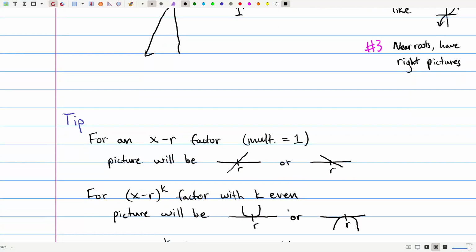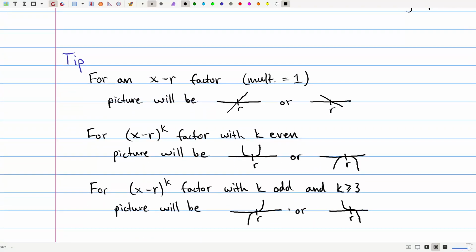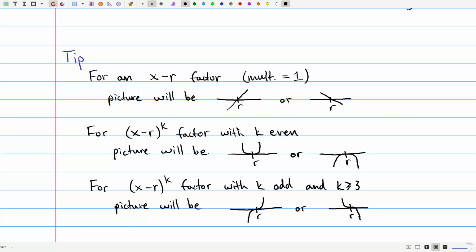So, some tips. These are for understanding what it looks like near roots for different multiplicities, and this is where the multiplicities of the roots come in. So for an x minus r factor with multiplicity 1, this is a sort of special case. It looks like a line when it passes through the root.